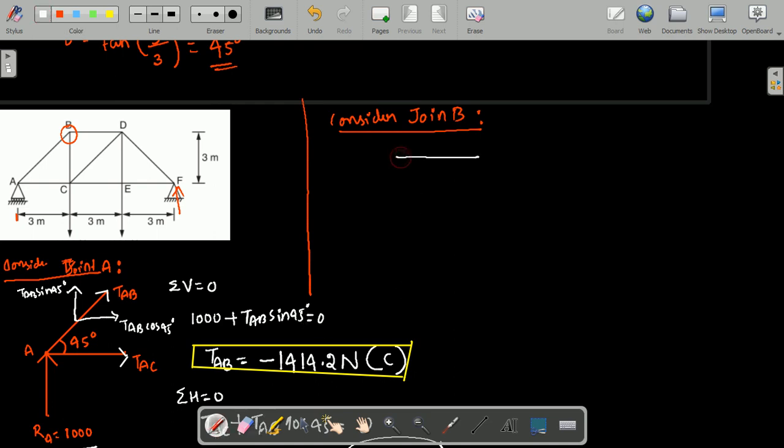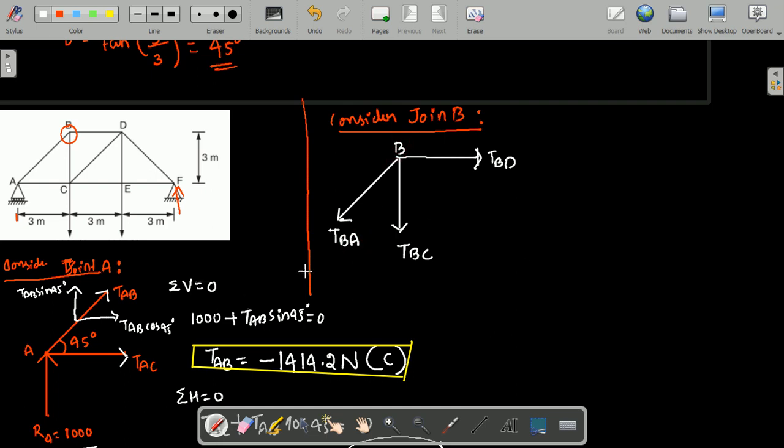If you consider point B, there is one force, another force like this, and another force this one. As I told you, you need to show the direction of forces moving away from the joint. I will write all the members that are there: TBD, this is TBC, and this is TBA. Which joint? Joint B.